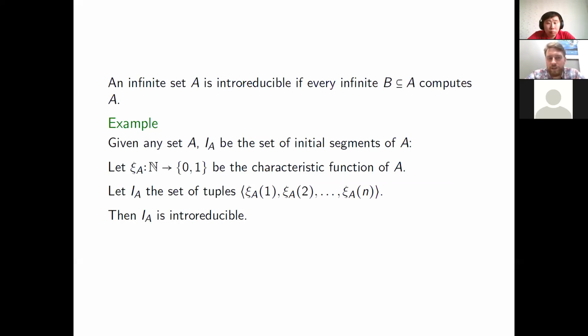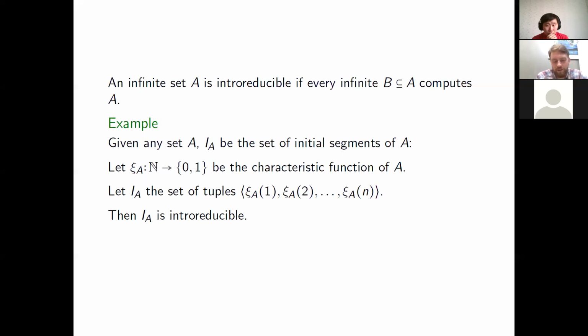If I have any set A, I can take the set of all initial segments of A. If I think of the characteristic function of A, it's like 0, 1, 1, 0. It's 0 if something's in, 1 if something's not in. I take all the tuples that say 1 is in, 2 is in, 3 is not in, up to some finite tuple, and I take the set of all those tuples. This set of initial segments is intrareducible.